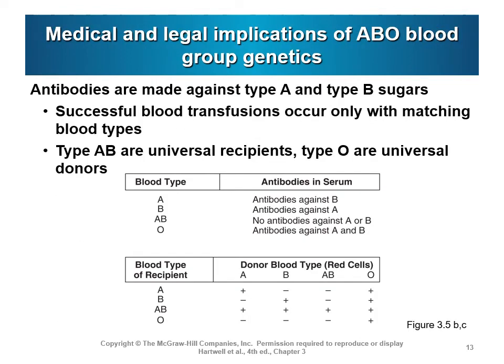So, what are the medical implications of ABO blood group genetics? Our immune system can generate antibodies against molecules that are not natively found in the organism. So if a person has blood type A, that means he or she will have antibodies against sugar B, and vice versa.